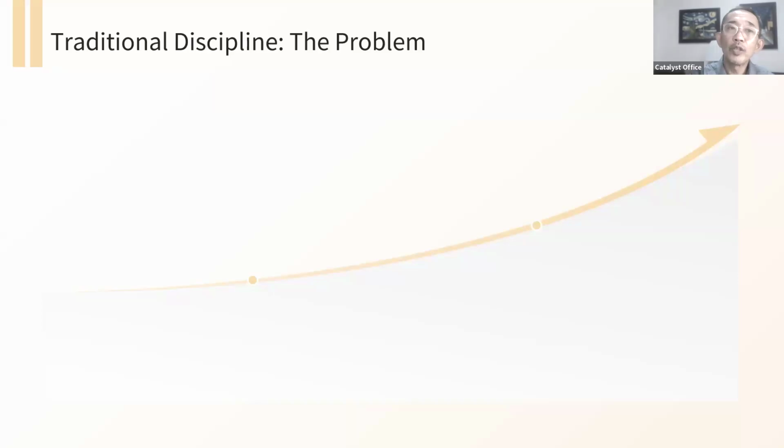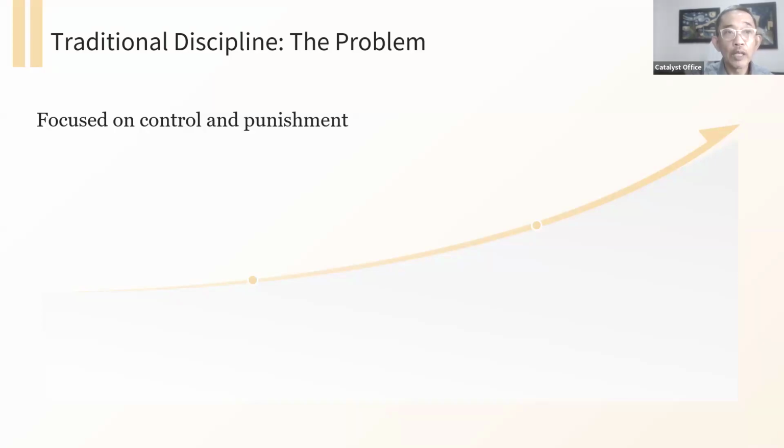Okay, let's talk about traditional discipline first. The problem about traditional discipline, and by this we mean the usual manner in which problems in the classroom are addressed. First, it is focused on control and punishment. Why do we say it's focused on control and punishment?